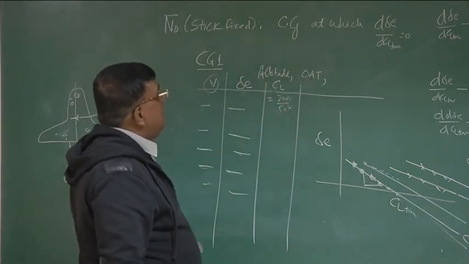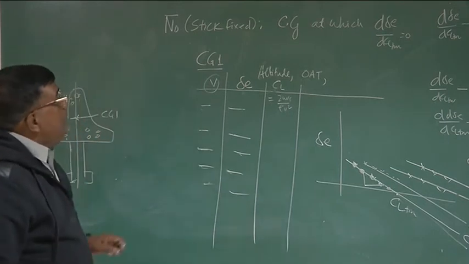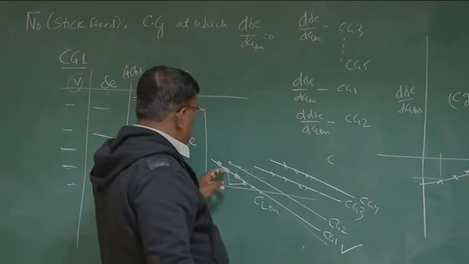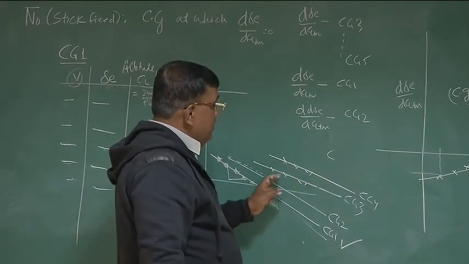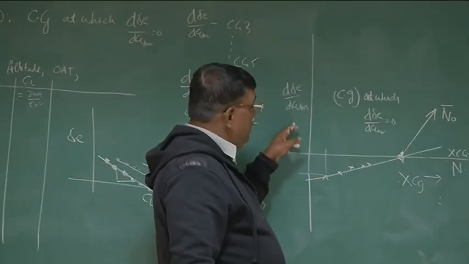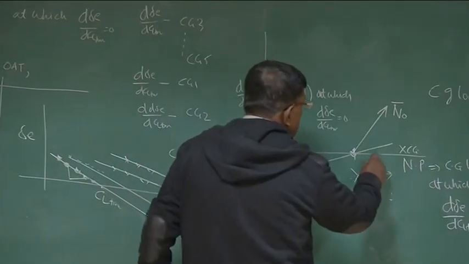Also V is the indicated airspeed. So all this done, plot delta E versus CL trim. It will come like this for different CG locations, take their slope, cross plot d delta E by dCL trim versus xCG. Okay?